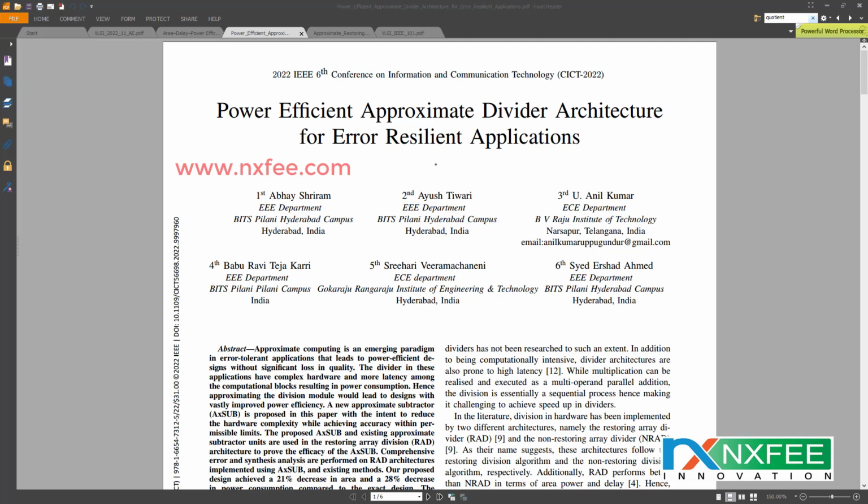So in this research we propose a novel algorithm called approximate subtraction, that is AxSUB, with the goal of reducing the complexity of the hardware while still obtaining accuracy within the allowable bounds of the algorithm.